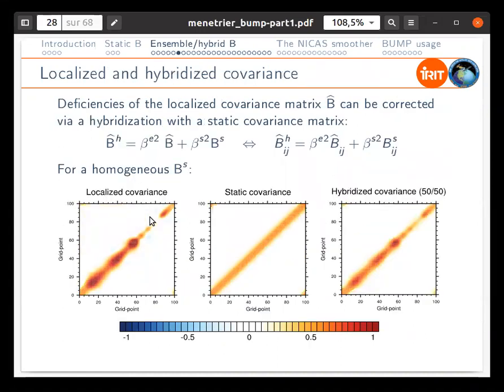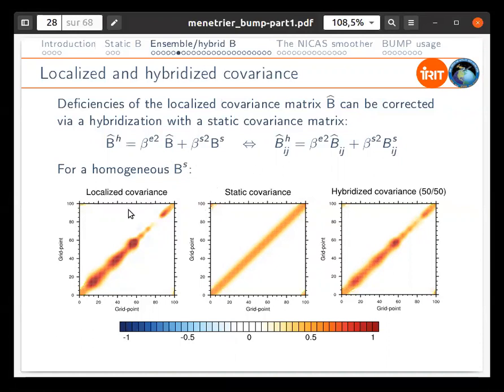A second solution to remove some sampling noise is to add a contribution of a static covariance matrix. So we just do a linear combination with two coefficients beta_E and beta_S, and so we combine basically the localized ensemble covariance matrix and a static covariance matrix.